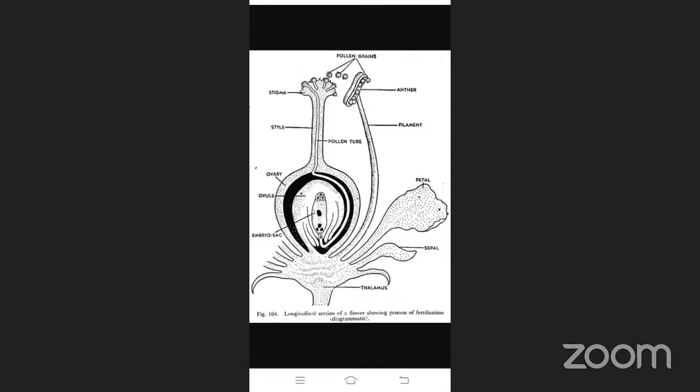The male gametophyte is three-celled, and the female one is seven-celled when mature. In this mature stage, the three-celled male gametophyte and seven-celled female gametophyte show a great reduction.